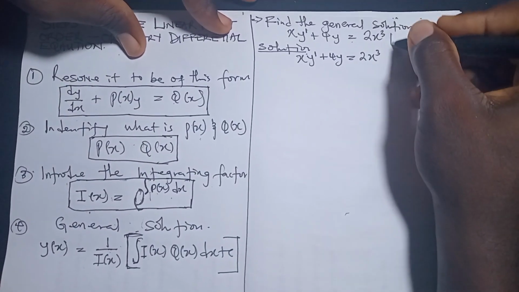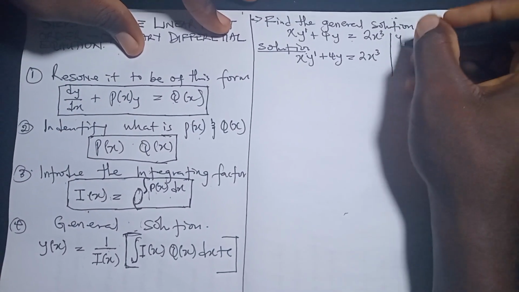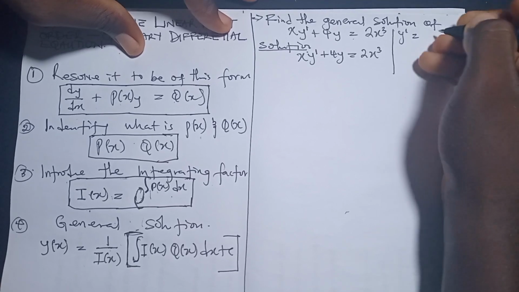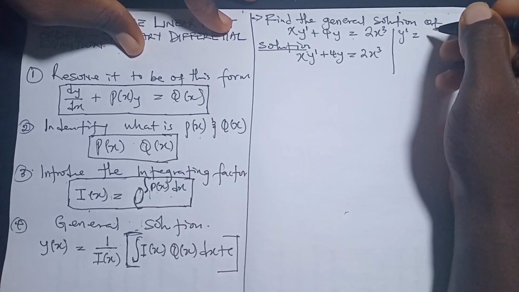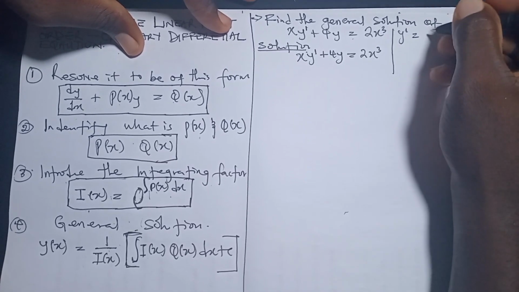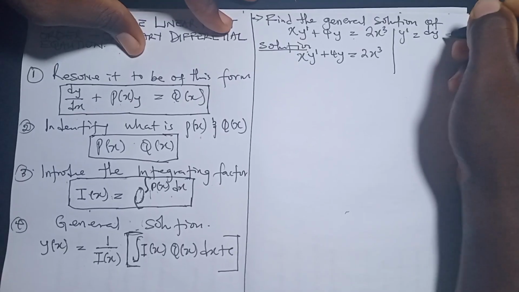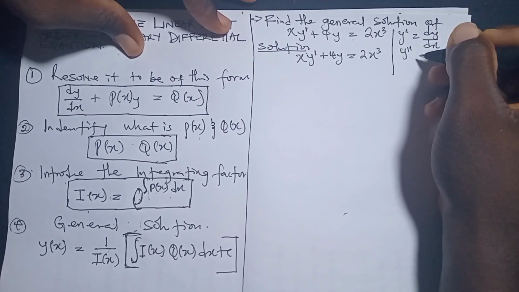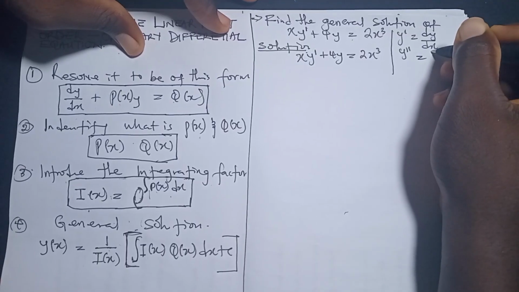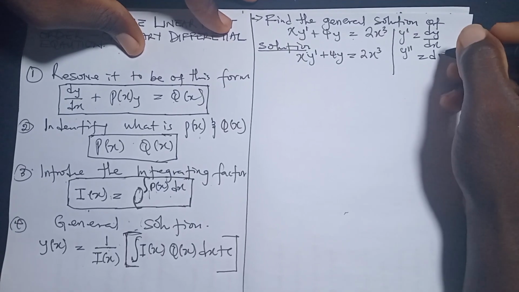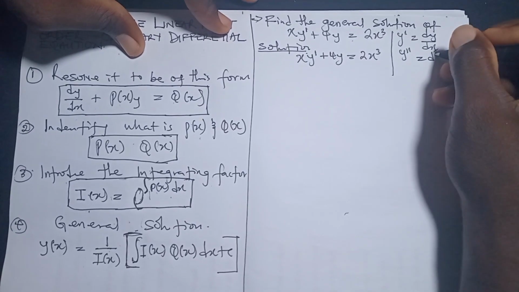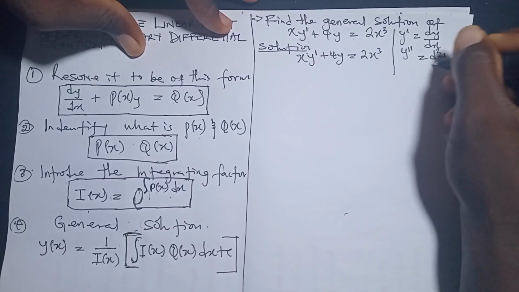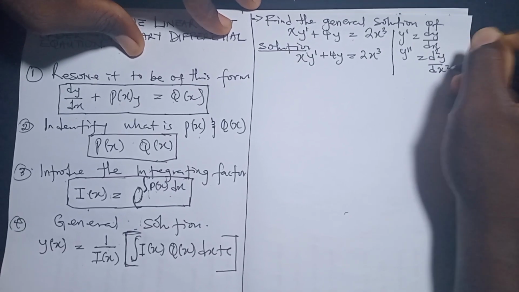Recall that y prime is a first order derivative, equal to dy dx, and y prime prime is equal to d squared y over dx squared.